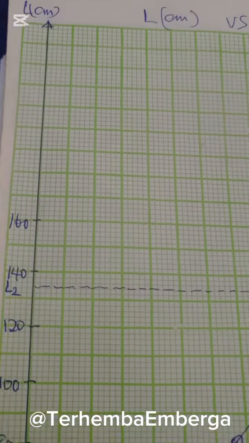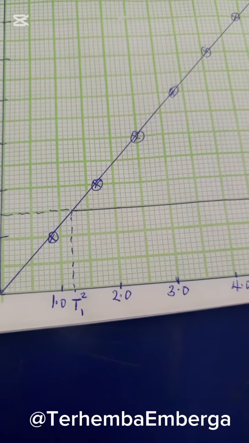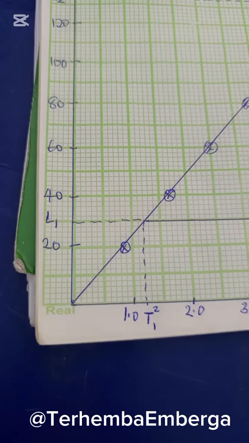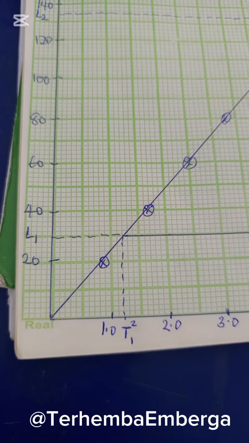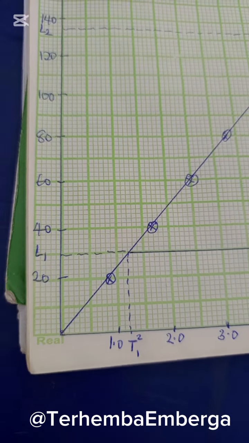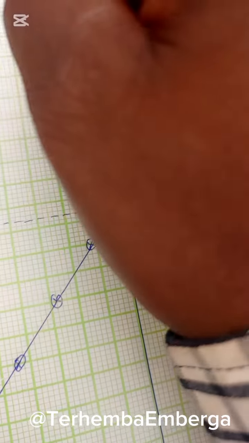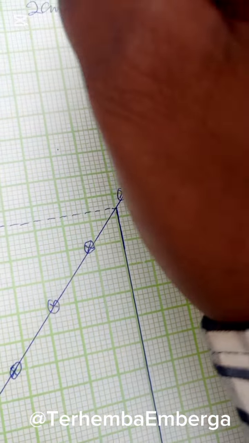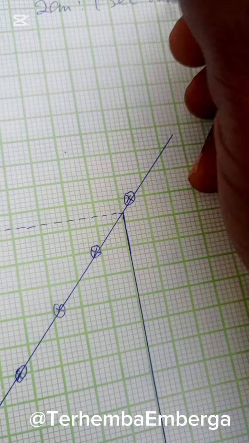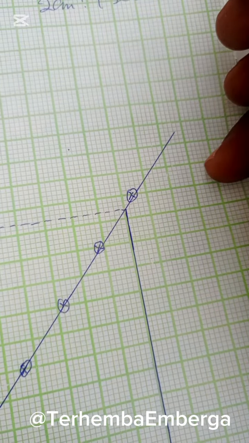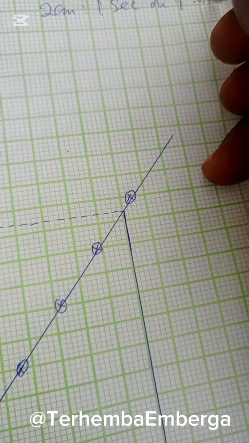Then on this axis, we have 2 cm to represent 1 second on the t square axis, because t square is in second square, and that is the scale.